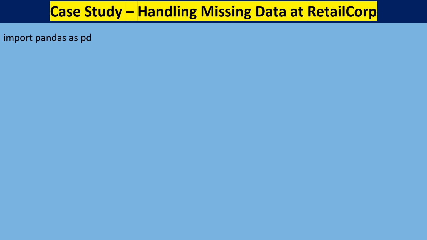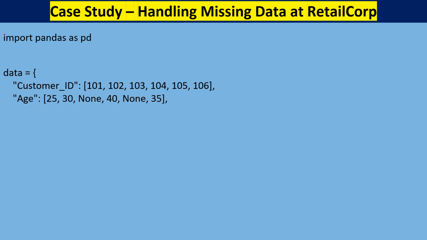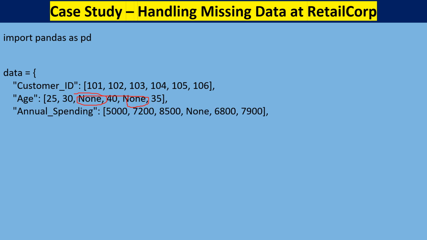So we import the pandas library for data manipulation and create the dataset with missing values. The customer IDs have no missing values. Age has missing values, this one and this one. Then annual spending has missing spending values.